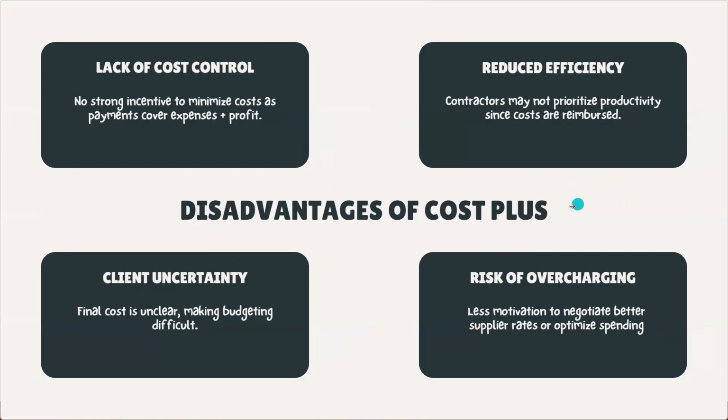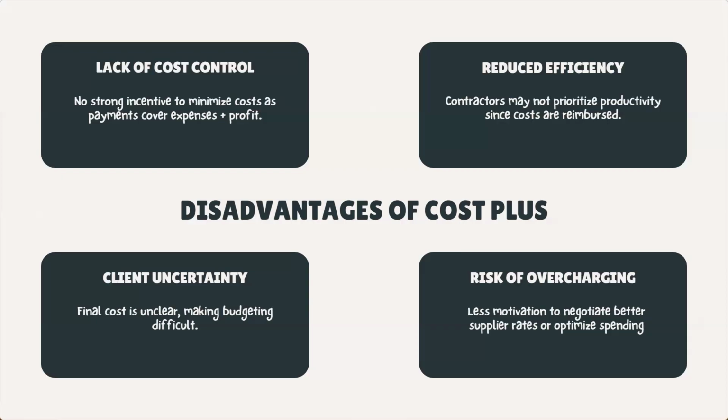With simple cost plus, like cost plus fixed fee or cost plus fixed percentage, we don't have total control because the supplier knows that they will be paid according to the actual cost and a markup.